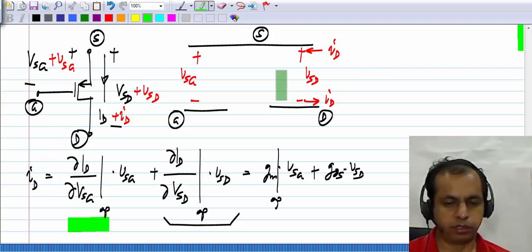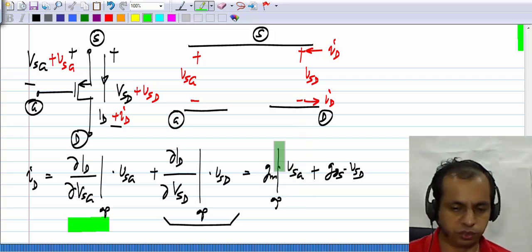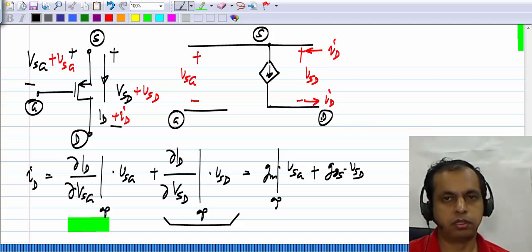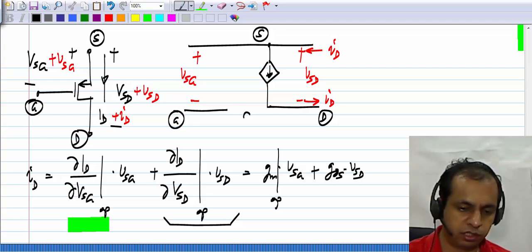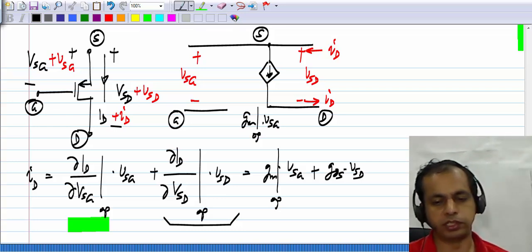ID flows from source to drain, and it depends on this VSG. So this term here is represented by a current source, which is gm calculated at the operating point times VSG.